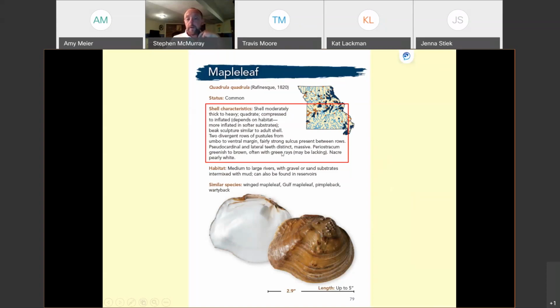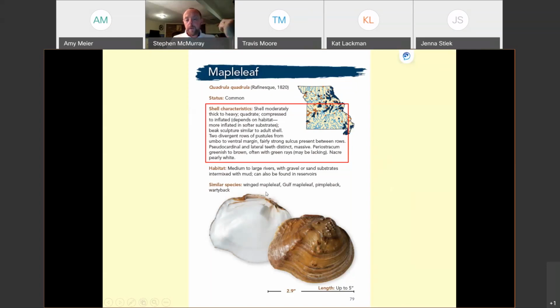Pseudocardinal and lateral teeth are distinct and massive. They are. Periostracum is greenish to brown, often with green rays, maybe lacking, and the nacre is pearly white. So those really are the characteristics that we use. And then we went ahead in our field guide, and others do this as well, to give you similar species.